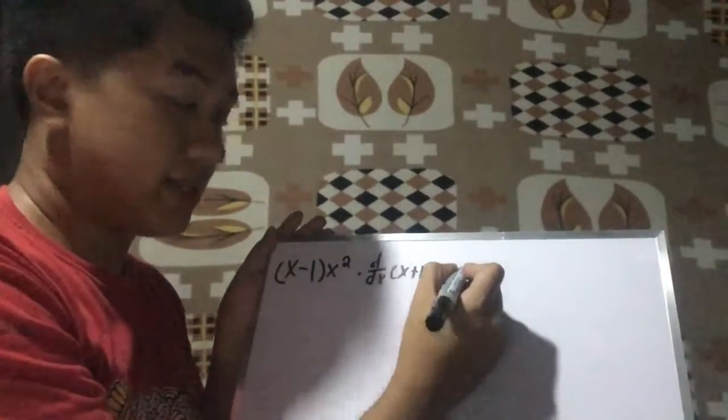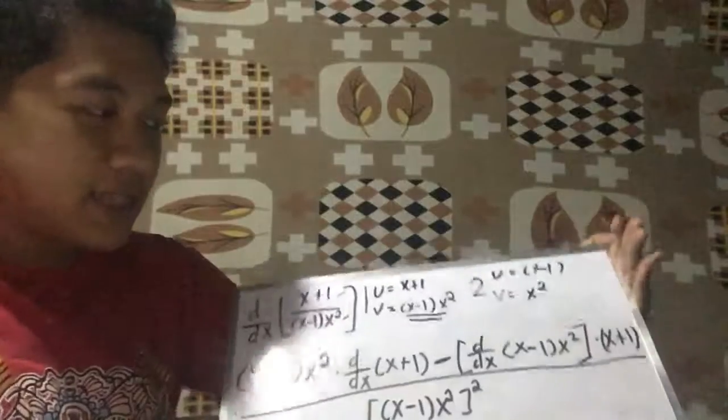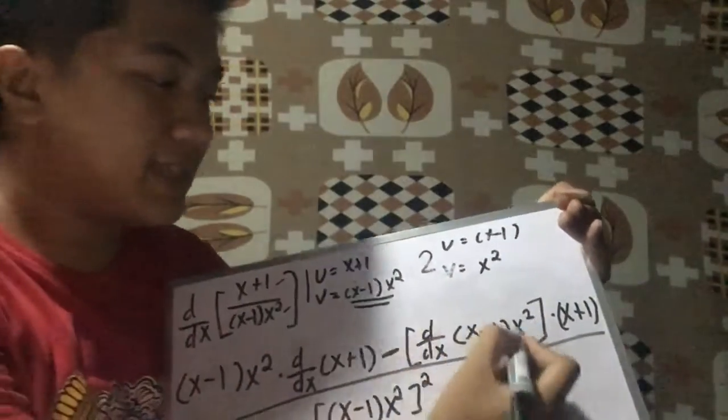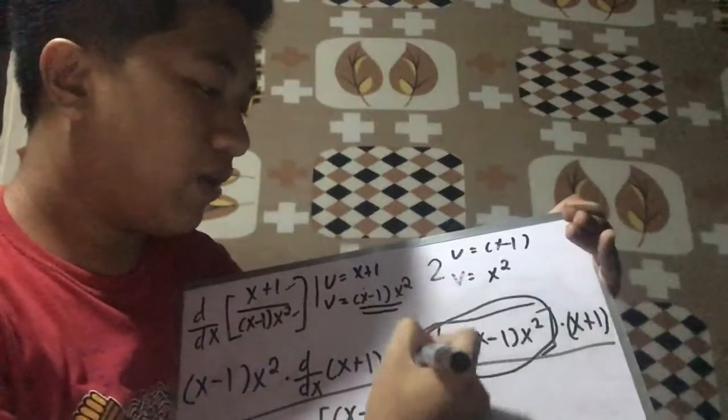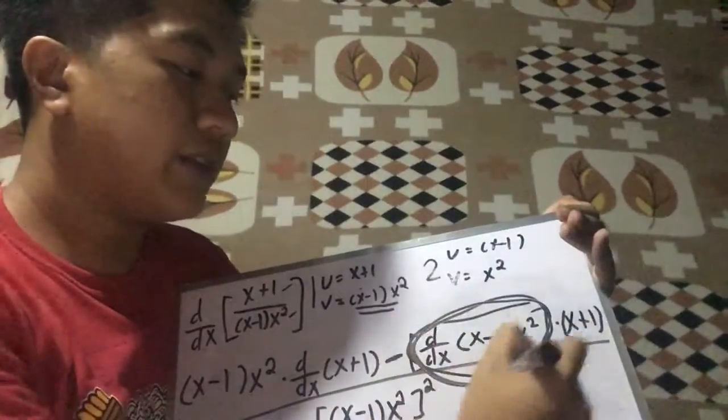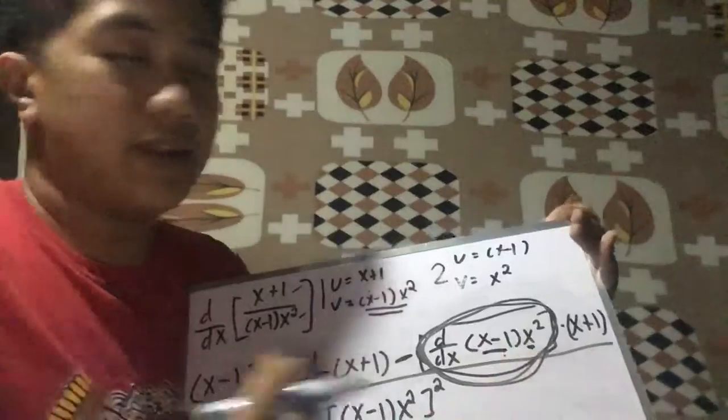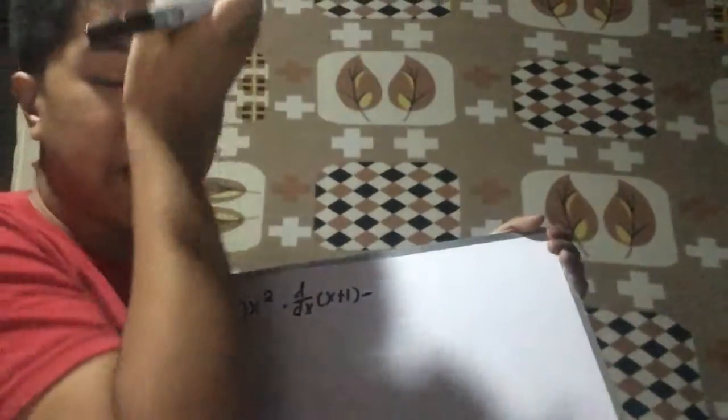Okay, minus. Bear with me. Product rule. Remember, this is under the product rule, so we are going to use it, and we're going to distribute this one to this one respectively. Let's go back to the other side of the board.